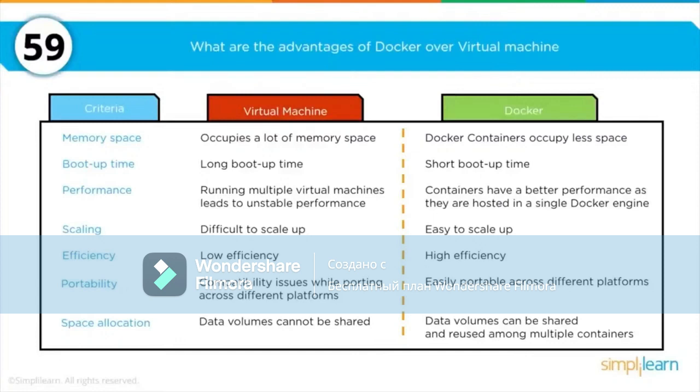First of all, Docker containers occupy significantly less space than a virtual machine or a dedicated machine. The boot up time on Docker is significantly faster than a VM. Containers have a much better performance as they are hosted in a single Docker image.